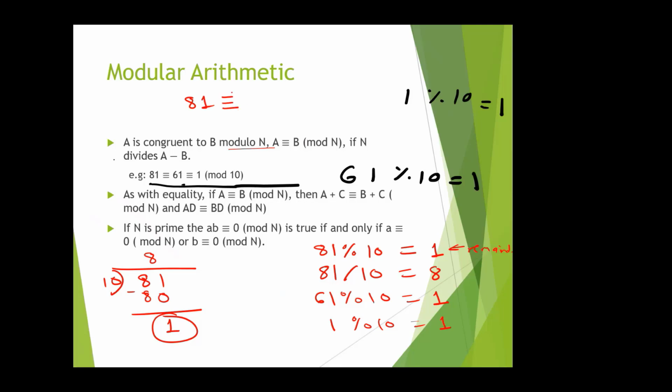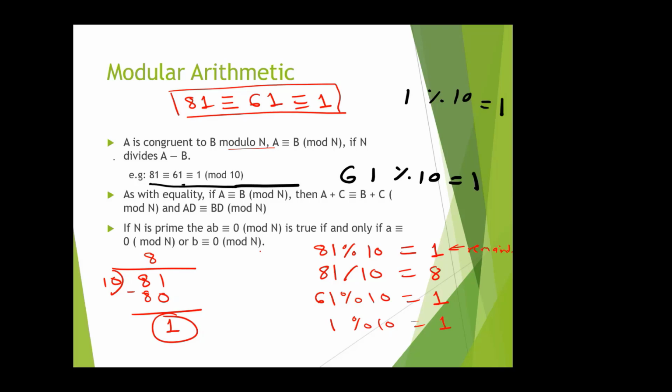It is not equal, because the numerical value is not the same, but 81 is equivalent to 61 because modulo operation on both of them gives me the value 1. The same thing with 1. If I take 1 modulo 10, I still get the remainder 1. So under this modulo operation, I can see that these values are equivalent.